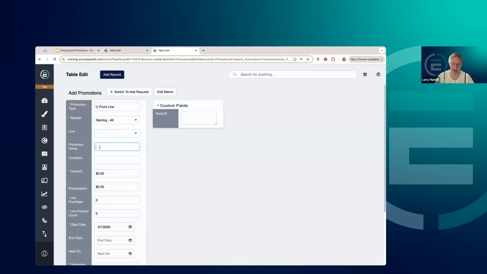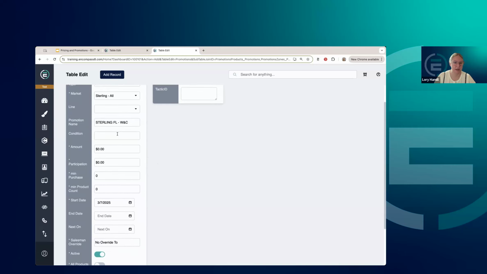So if this is my Sterling Frontline, Wind and Clouds, because I'm doing just these products in this front line, I'm going to identify that it is a Sterling one, that it is the front line, and who it's for. All of this I can tell really easily by the name, and if I were to hand this off to someone else in my organization, I would hope that they would be able to figure that out as well. So that's our promotion name.